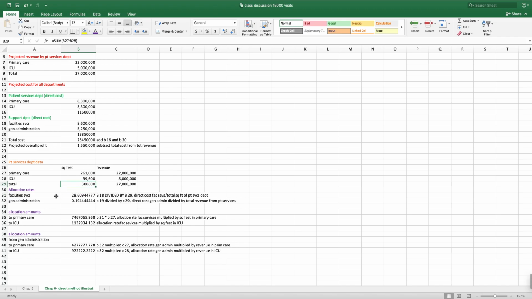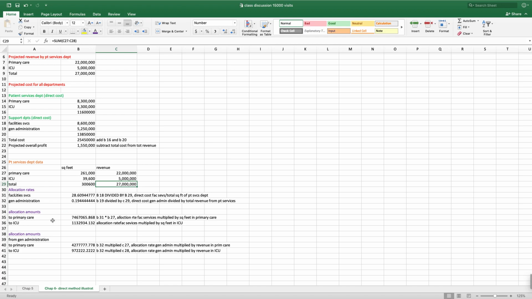That gives you the allocation rate for facility services. And for general administration, the direct cost of general administration, which is right here, divided by the total revenue from patient services, which is right here, gives you the allocation rate for general administration.